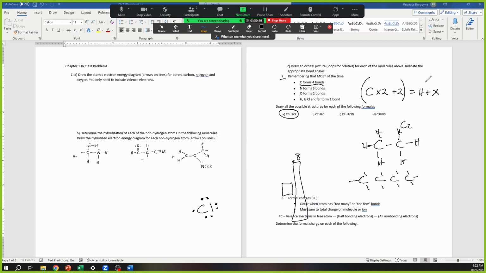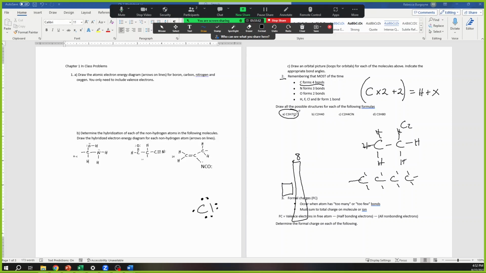Okay, so if we want to know if there are any double bonds or triple bonds or rings, what you can do is you look at your carbons and hydrogens and other things in here, and you can actually do an equation and find out.